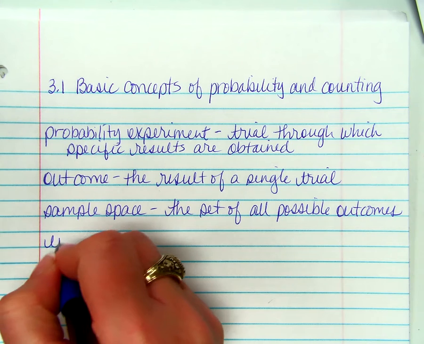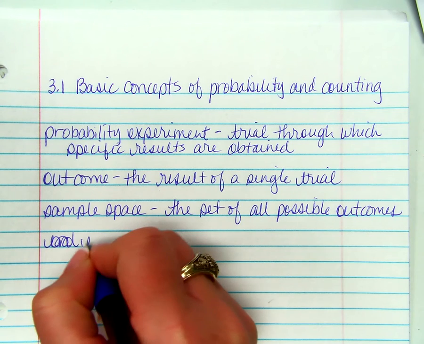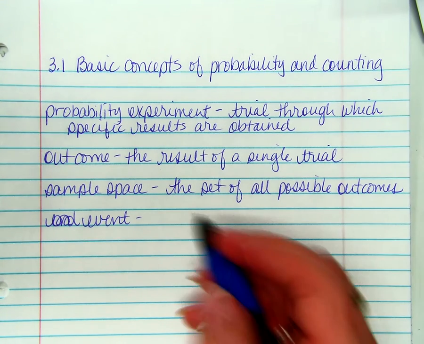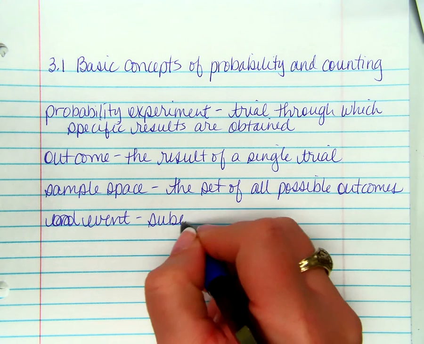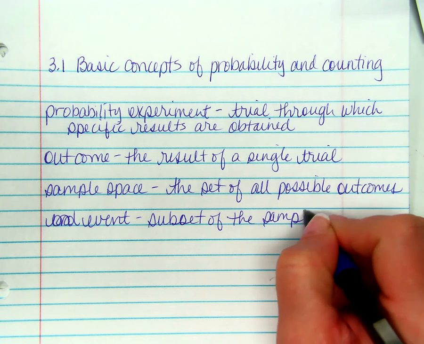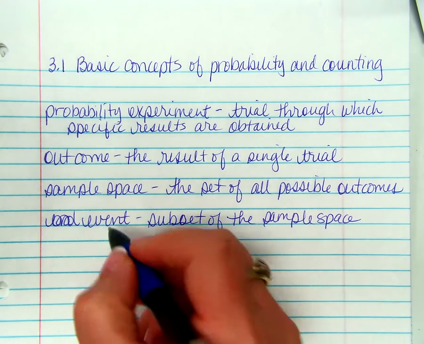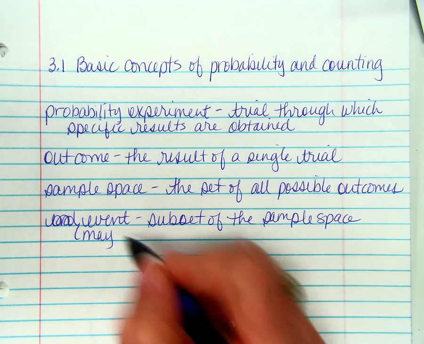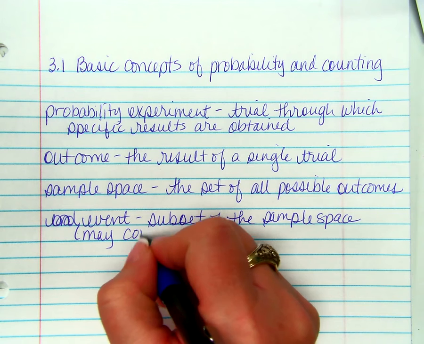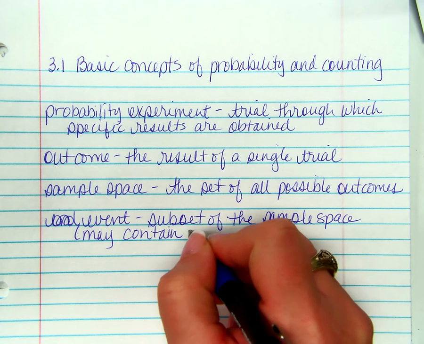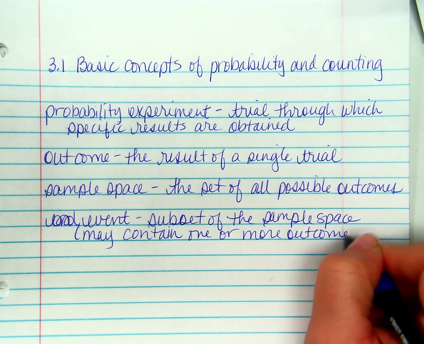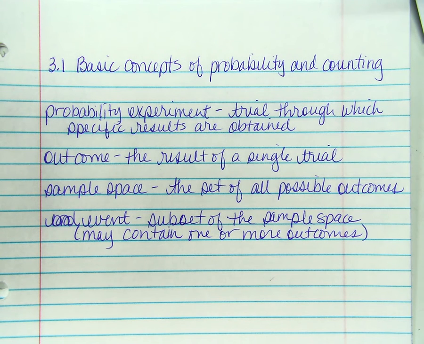And then the event, oh, if I spell it right, sorry about that. An event is a subset of the sample space. An event may contain one or more outcomes. Excuse me.